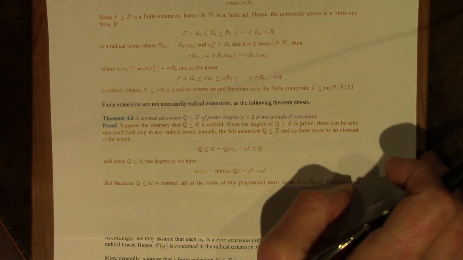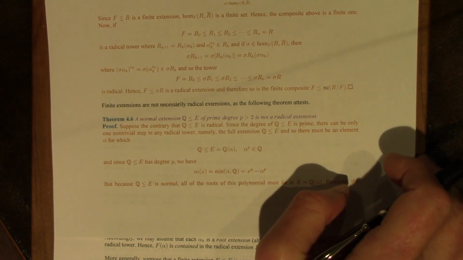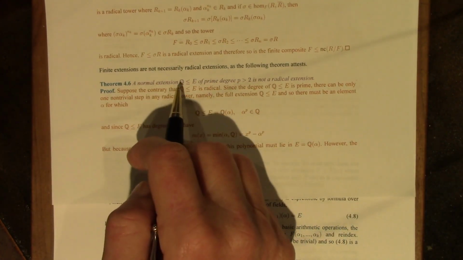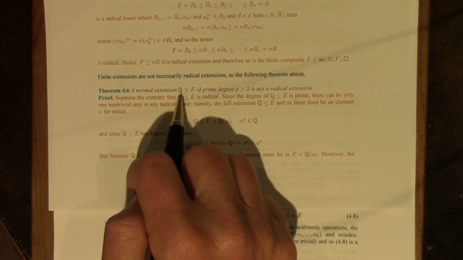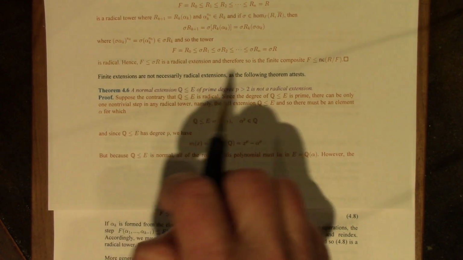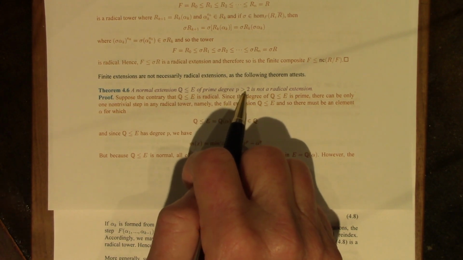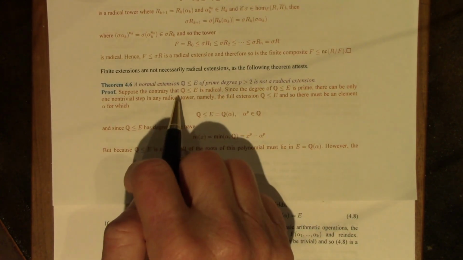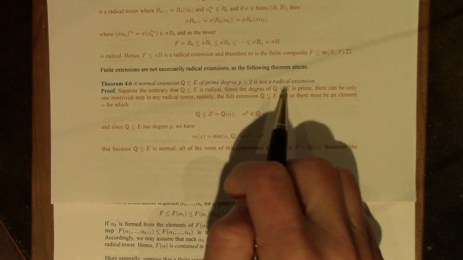One shouldn't get the impression that all finite extensions are radical extensions. And here is the case in point. A normal extension of the rationals, Q E, that has prime degree p, bigger than 2, cannot be a radical extension. So suppose, to the contrary, that it is a radical extension.